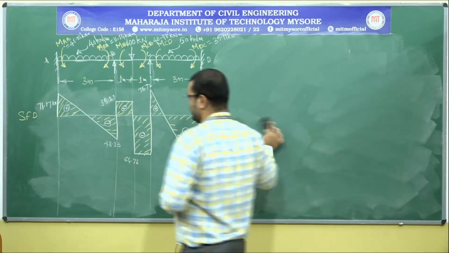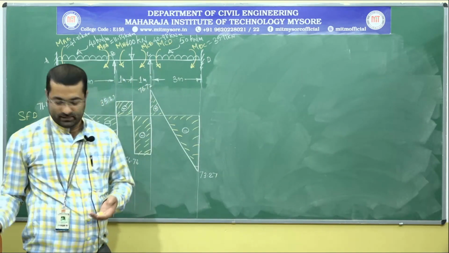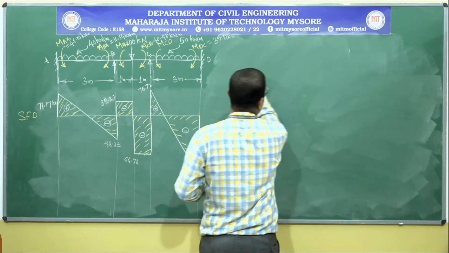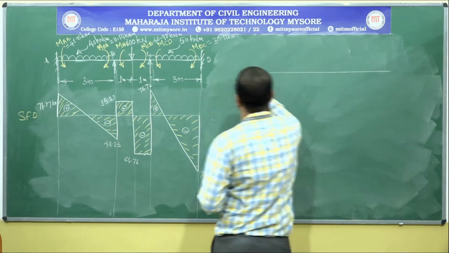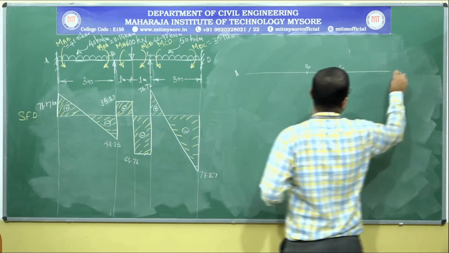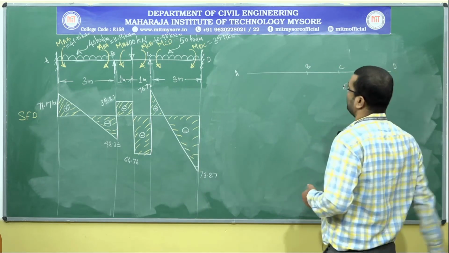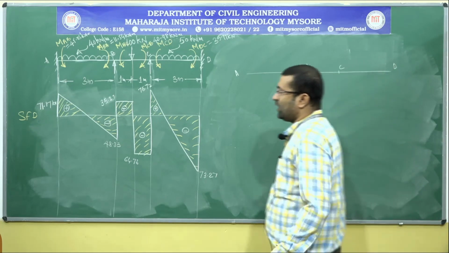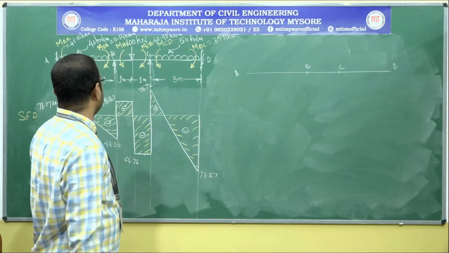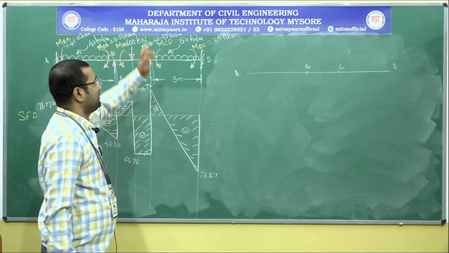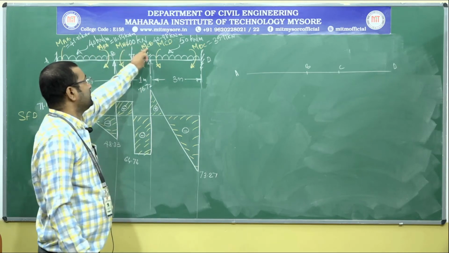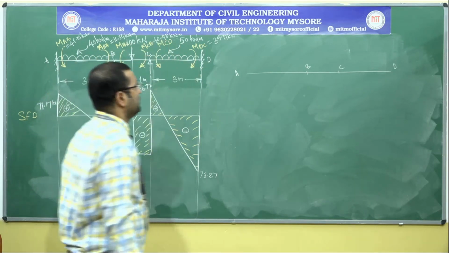Here what I will do, see, let us say this is beam A, this is B, this is C, and this is D point. First I will represent all the fixed end bending moment values, that is MAB, MBA, MBC, MCB, MCD values.